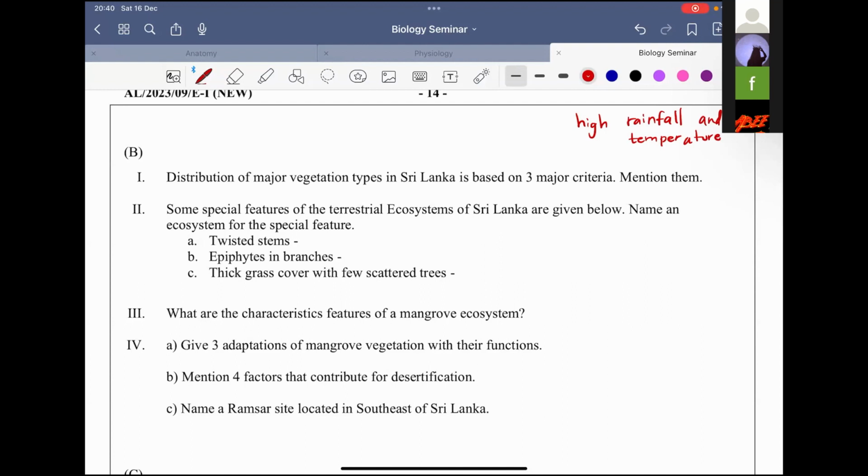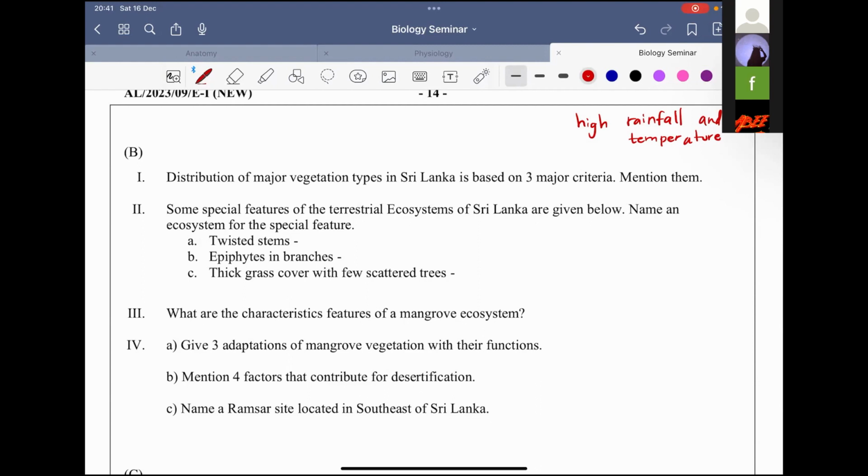So we can divide the ecosystems into 3. I hope you know it is terrestrial ecosystem, inland wetland ecosystem, and ecosystem with coastal areas. So these are the main broad types of ecosystem in Sri Lanka. Now they ask what are the major criteria of the distribution of the major vegetation types.